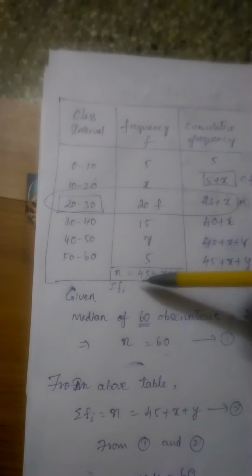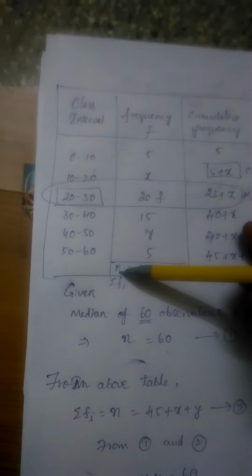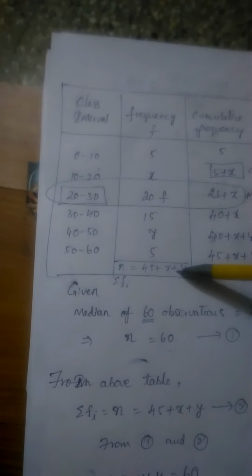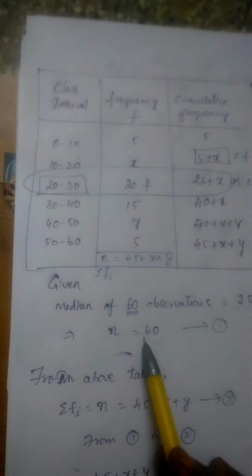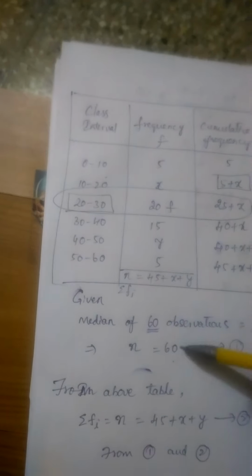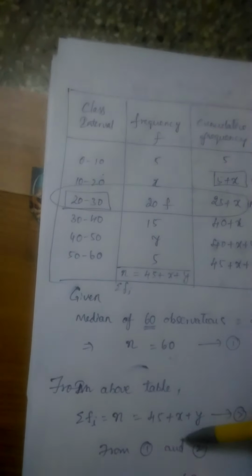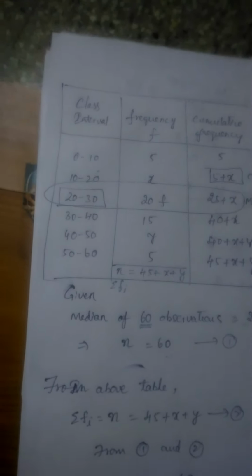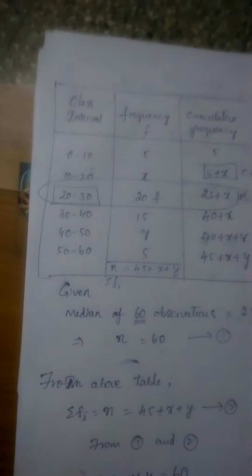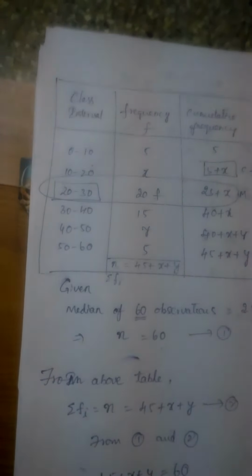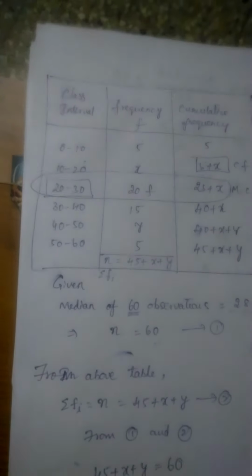From the table we got sigma fi, that is n equal to 45 plus x plus y, but from the given information n equal to 60. So 45 plus x plus y equal to 60. So x plus y equal to 60 minus 45, and x plus y equal to 15.